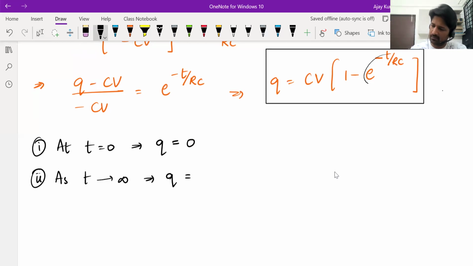Now, if this term tends to 0, then the charge tends to CV. So we can't say Q is equal to CV, we can say Q tends to CV. And this is an interesting observation. So in an ideal circuit with some resistance, it takes infinite time for the capacitor to get fully charged. For the capacitor to get that charge of Q is equal to CV, it takes infinite time.